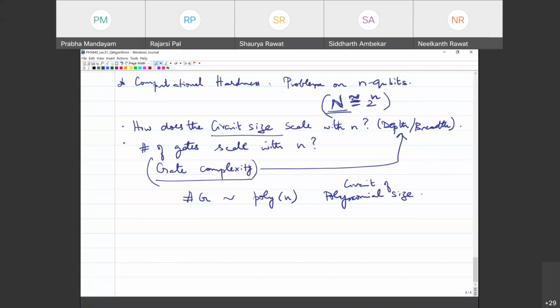And in the classical computing language, this is what will constitute the computational complexity class P. In the quantum case, we don't really have the class P. What we have is something called BQP, which means bounded quantum polynomial.